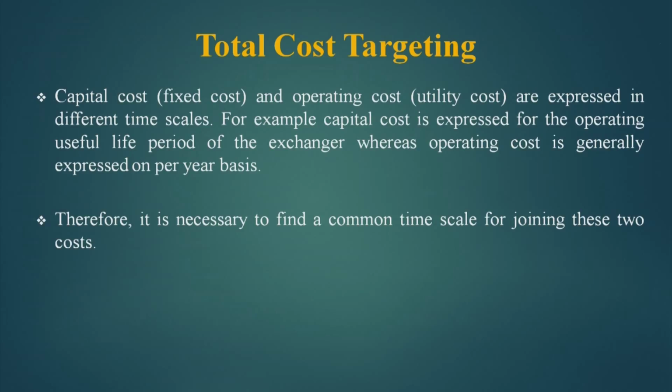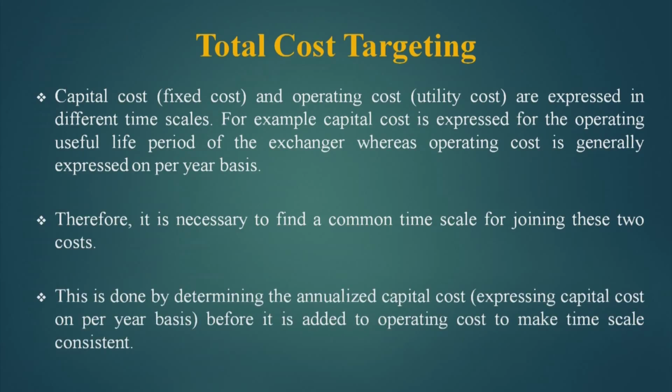And what will be that common time frame? This is done by determining the annualized capital cost, which expresses the capital cost on a per year basis before it is added to operating cost, to make the time scale consistent.